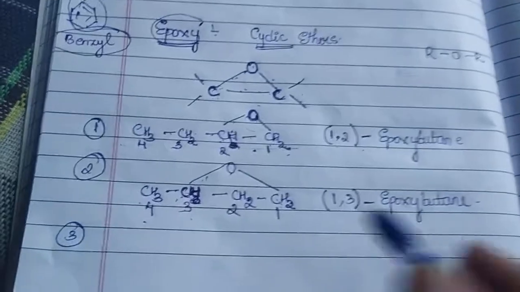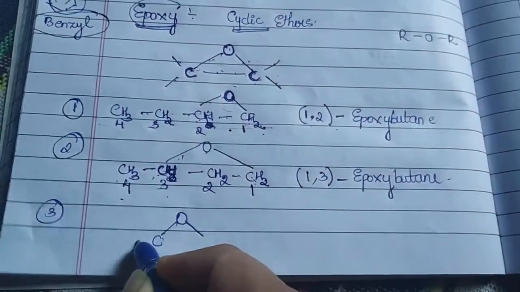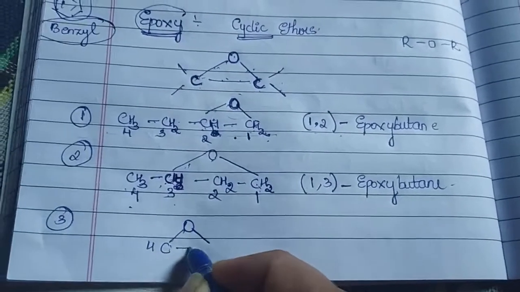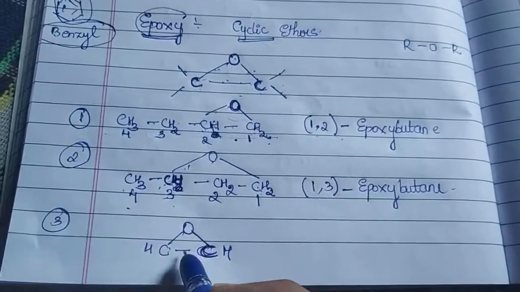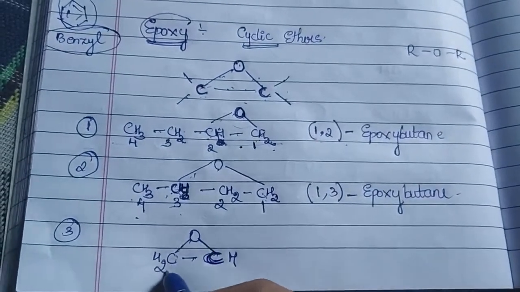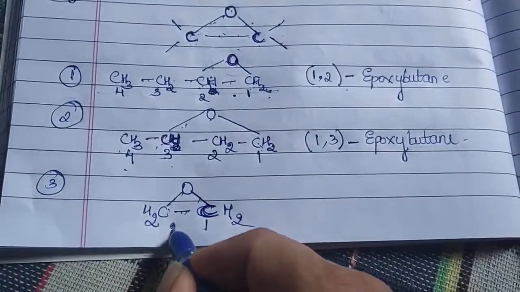The normal general epoxy group is in this way. CH, and over here you will have CH. 1 2 3 4. Are you getting my point? So of course 1 2.